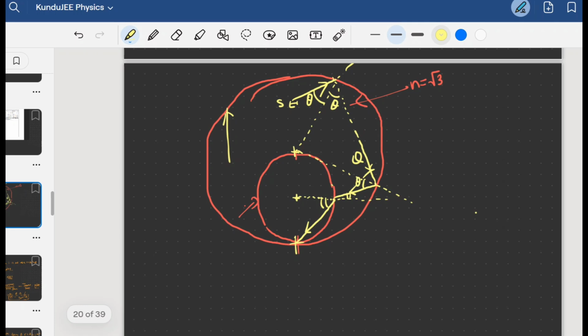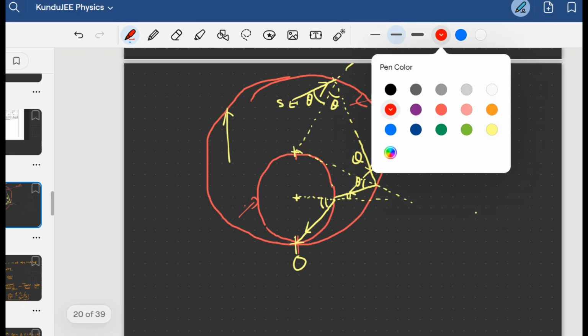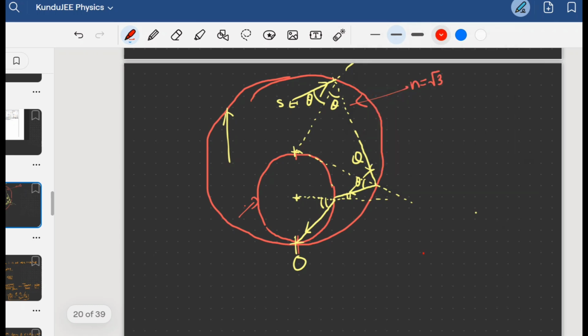Now, it is given that the light will be polarized after getting reflected from point O. What is the condition to be polarized? At this O, what is the angle of incidence? This is the angle of incidence. The angle of incidence at that point should be equal to tan inverse of the refractive index here.